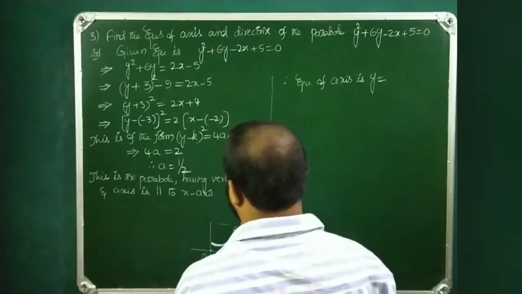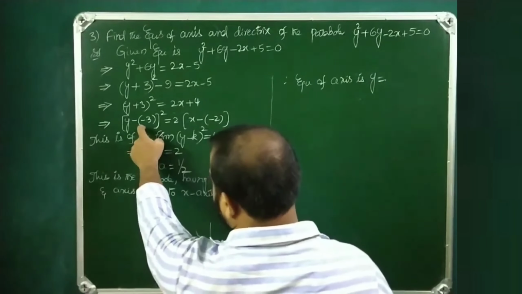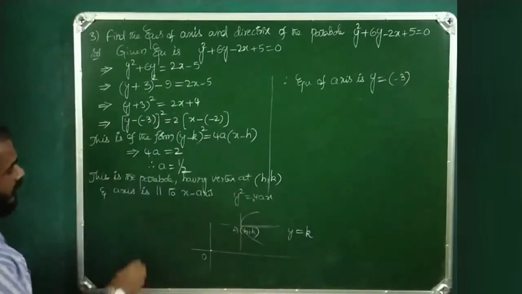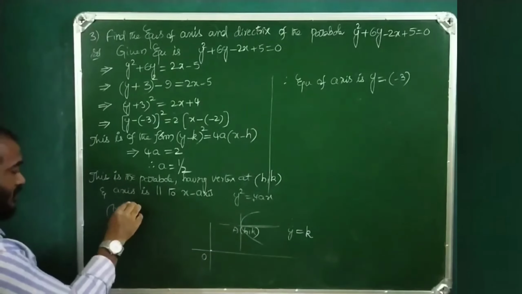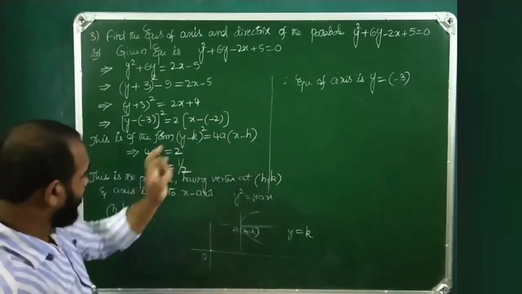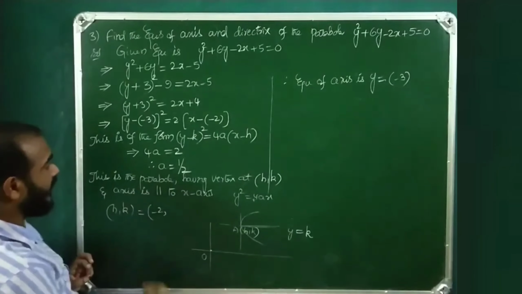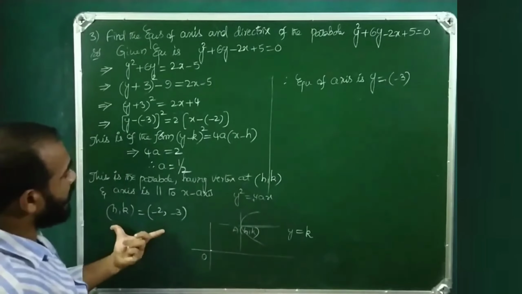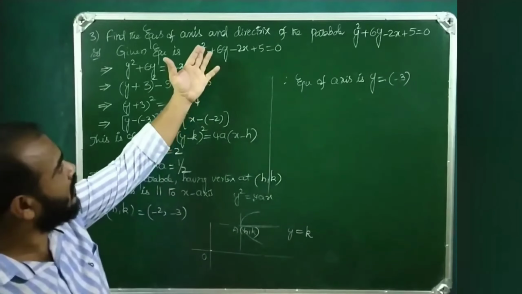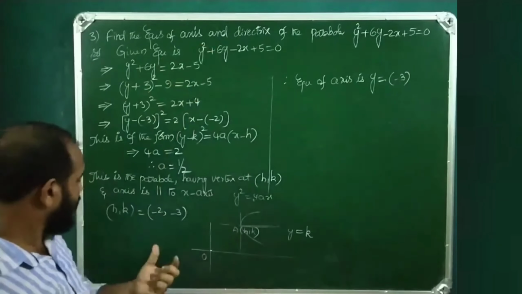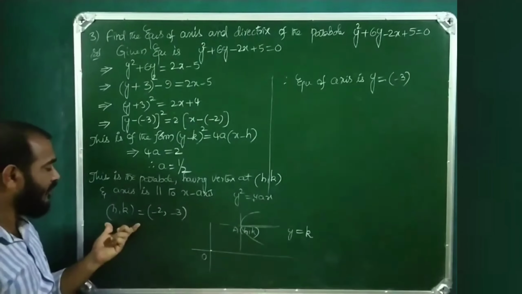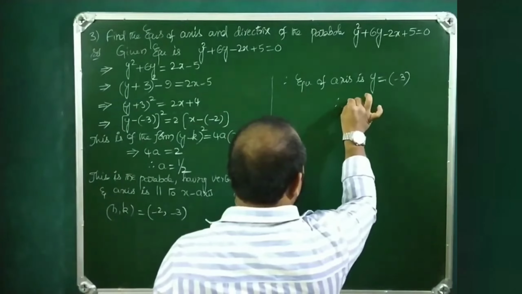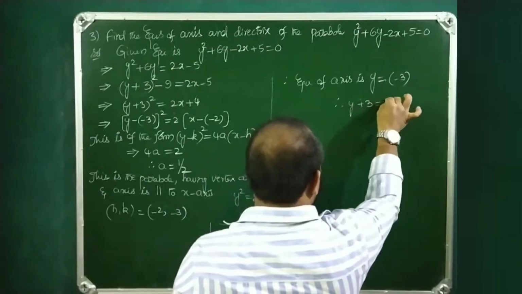K here is minus 3. Because if you compare here, h comma k is equal to how much? H is minus 2, k is minus 3. So this is the vertex actually, which is not asked, but the vertex is minus 2 comma minus 3. So therefore, the equation of axis is y plus 3 equals 0.